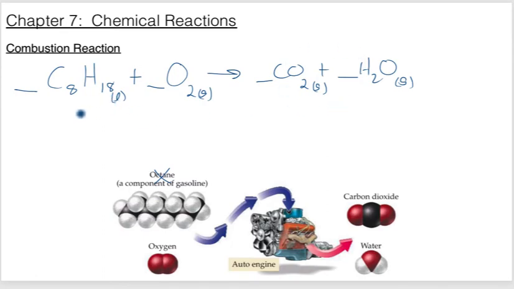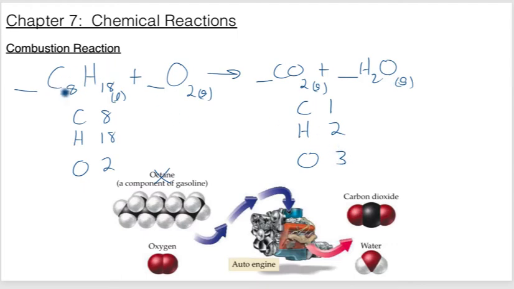If I take inventory of the atoms on my reactant side, I have 8, 18, and 2 for carbon, hydrogen, and oxygen. That's different than what I have on the product side: 1 carbon, 2 hydrogens, and 3 oxygens.